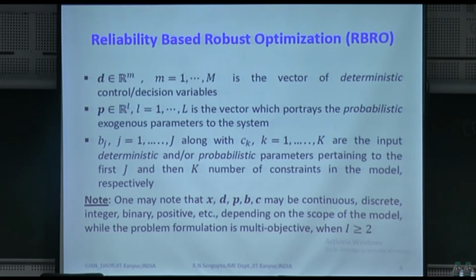Now similarly D is the deterministic control or decision variables, which do not have any distribution, they have fixed values, and P is the vector which has the probabilistic exogenous parameters of the system. And these B_j, C_k and all these things are the right-hand side of the equality or inequality. They can be 0 or non-zero, you can just convert them accordingly, so there are no issues.